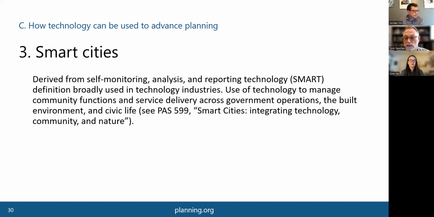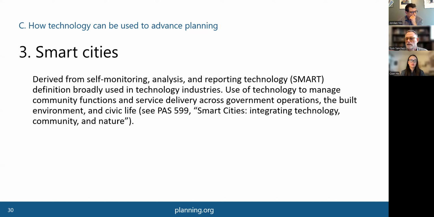And smart cities, and certainly we're hearing lots about this, derived from self-monitoring, analysis, reporting technologies. The smart definition broadly used in technology industries, a lot of times associated with being autonomous, or having those functions built in.